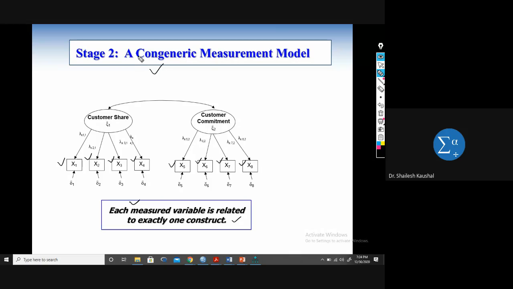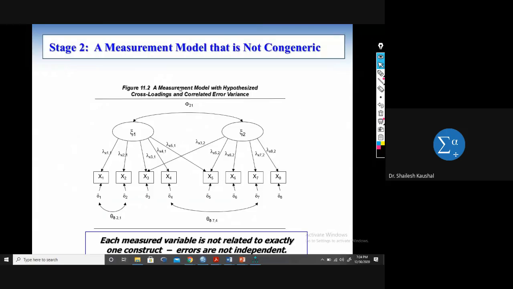And a non-congeneric measurement model is when this x4 is also related with this factor. So it is a non-congeneric model, where this variable is related to this factor also.